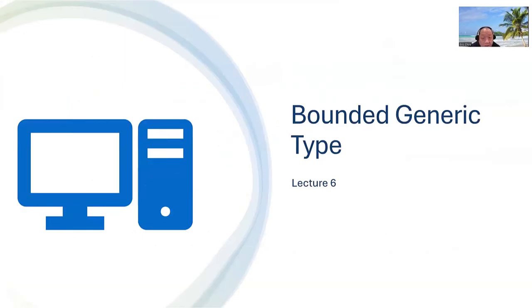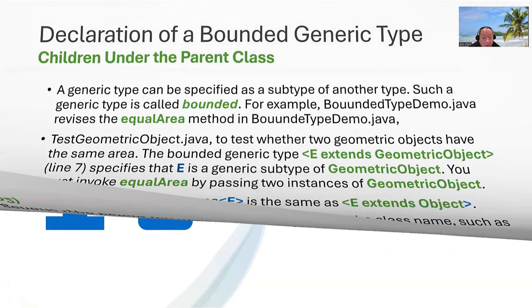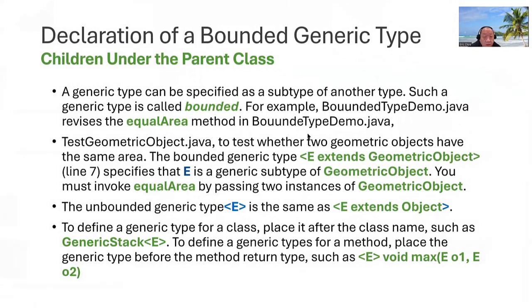Next one is the bounded generic type, okay. Bounded generic type because sometimes your T is not every T. For example, that E maybe sometimes just does sorting, so you need to extend Comparable. Only the object that is comparable can be used. So that is bounded.